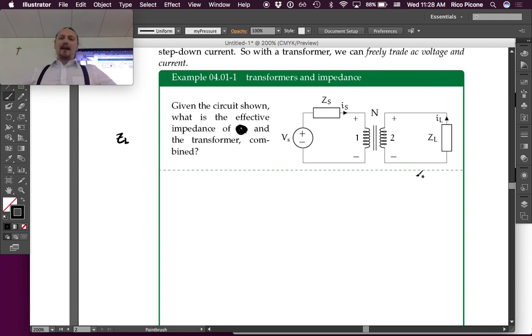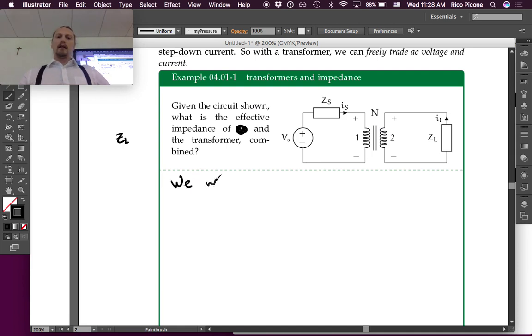So I sat down and I thought, okay, I want to describe the impedance of essentially this port, right? The one port. So I want to describe Z1.